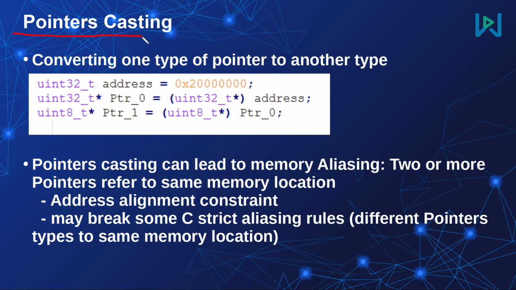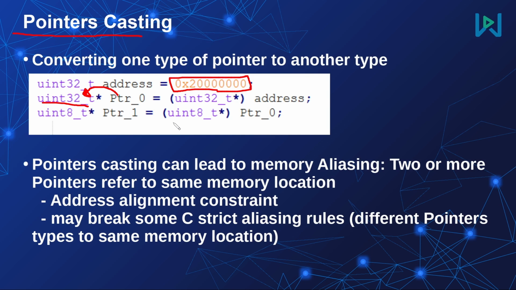Pointer casting consists mainly of converting a pointer from one type to another. In this example, I have created a pointer out of this memory address, and this pointer will be a 32-bit based pointer. It means the variable that this pointer is pointing to will be 32 bits in size.